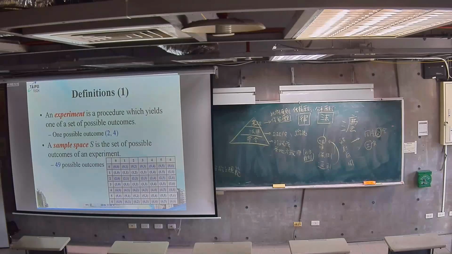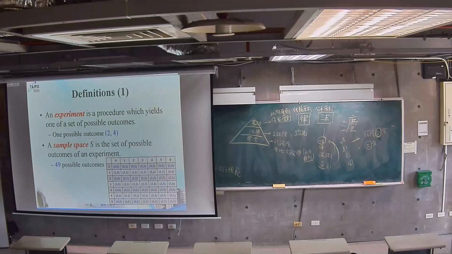Is 6 would be this diagonal, I think. 0, 6, 1, 5. So the total number would be 6.